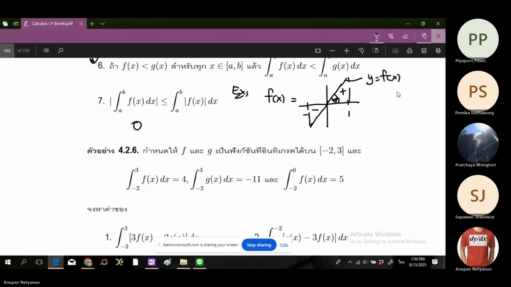But if you put the absolute value inside, for f of x, the parts where f is already positive stay the same. For any place where f of x is negative, putting the absolute value in turns it positive.